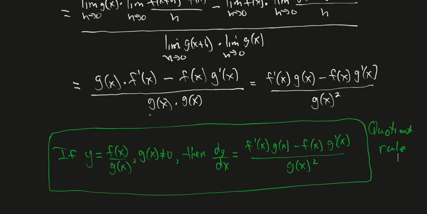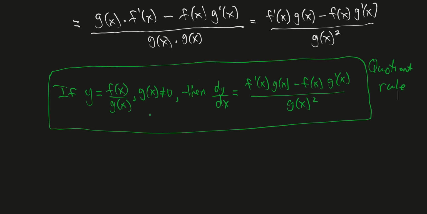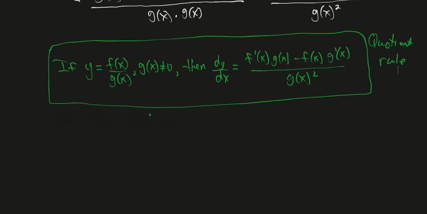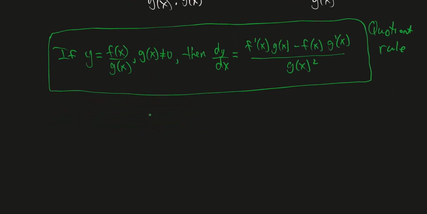Let's do a couple examples. For this, I'm going to use essentially one function, but not only are we going to compute the derivative using the quotient rule, but let's then use the derivative to find the slope of the tangent line. So let's take a look at this example to see how it all works.